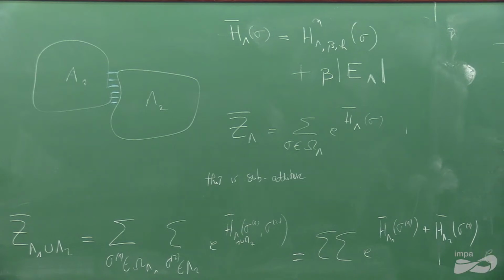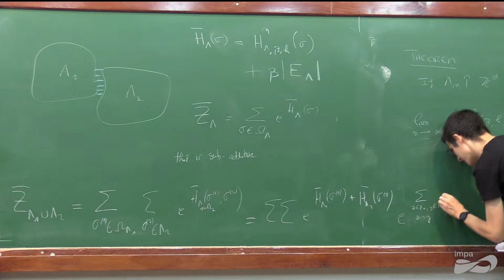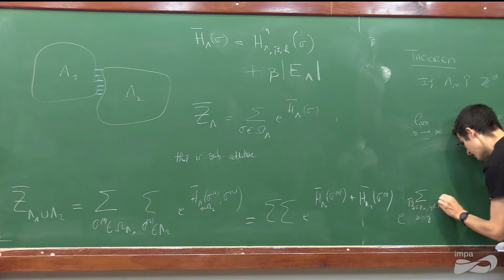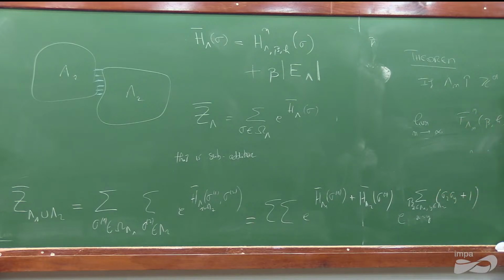times exponential of the sum over x in lambda 1, y in lambda 2, x neighboring y, of beta sigma x sigma y plus 1. Okay? I'm just writing an equality, I'm not forgetting any terms.